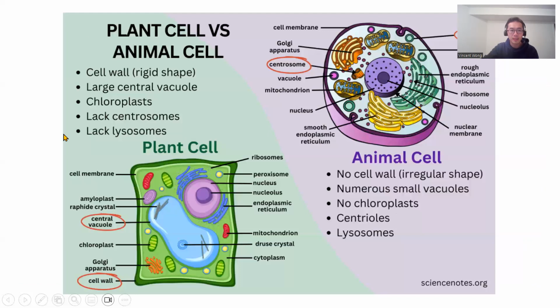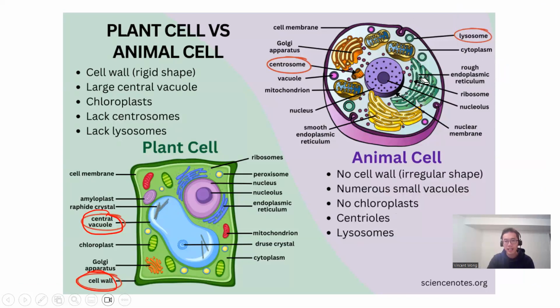This is a summary that shows you what the difference are between the plant cells and the animal cells. So for example, plant cells, they have central vacuole for storing water, nutrients, sometimes poison, sometimes color. They have a cell wall. Humans, we have, what do we have? We have the lysosome.